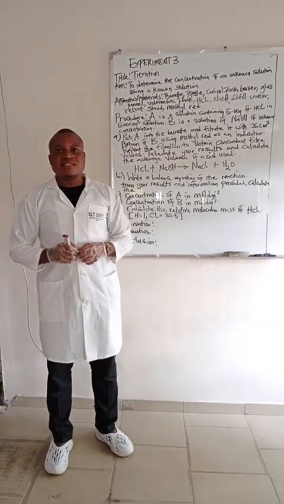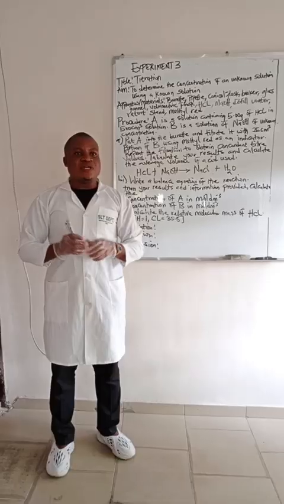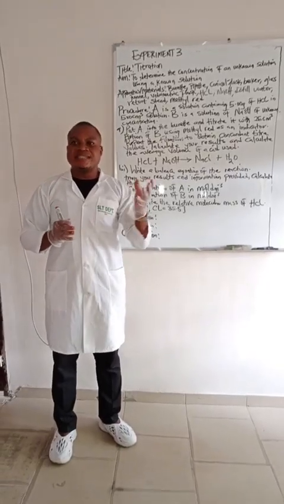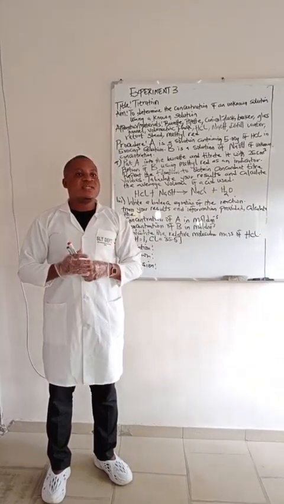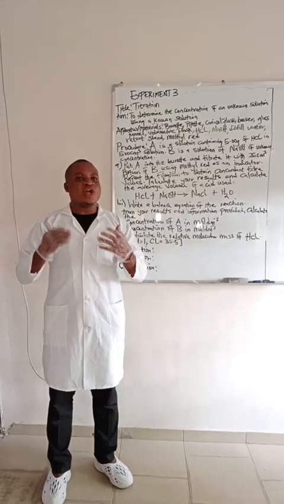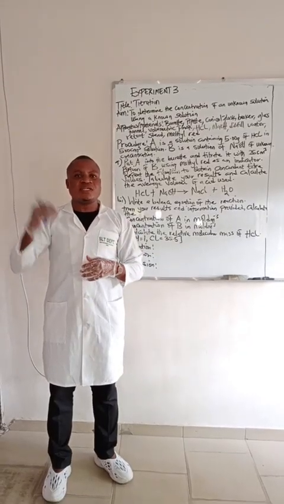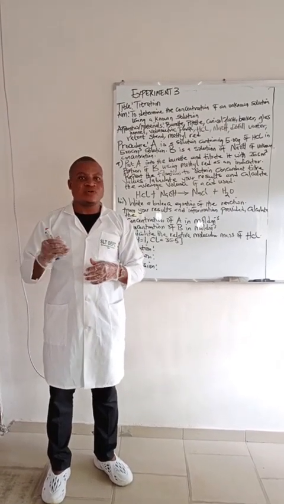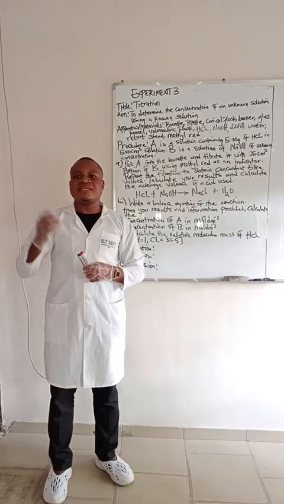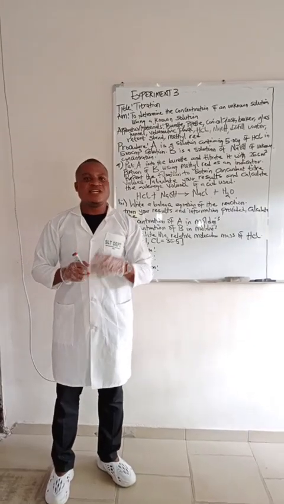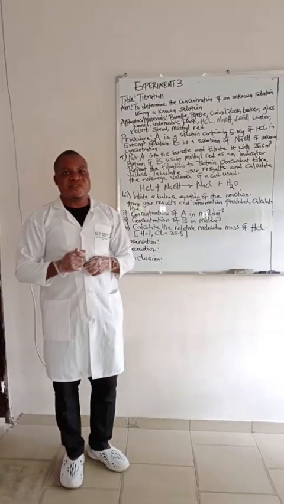When we are talking about titration, we are looking at two solutions, an acid and a base. We look at the color change and the end point of this acid-base reaction. That's what we call titration. If we don't call it titration, we call it volumetric analysis.